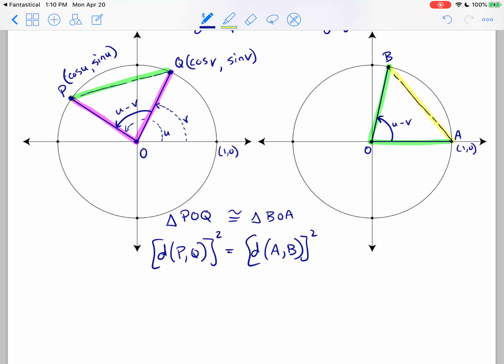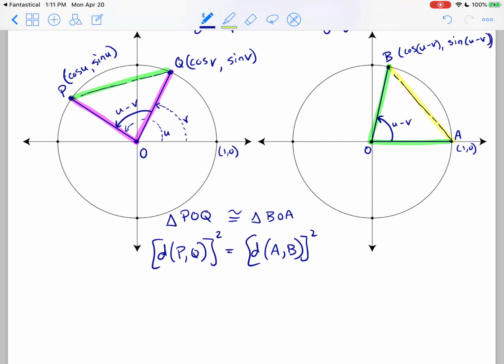And then the coordinate of A is 1, 0. And B here, that coordinate is going to be cosine of U minus V, comma, sine of U minus V. So this is just using the definitions of trig functions, which we covered in the last unit. So hopefully that makes sense.